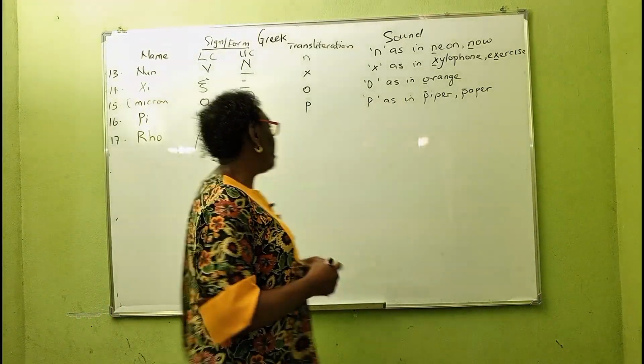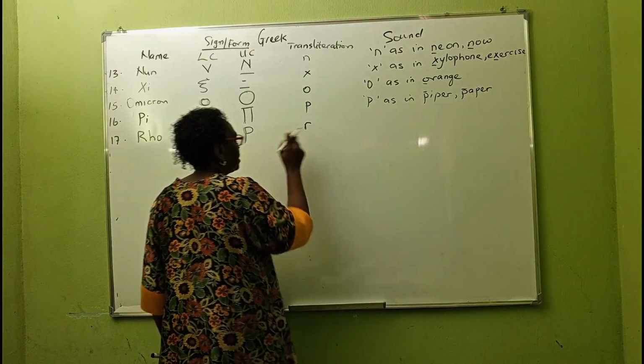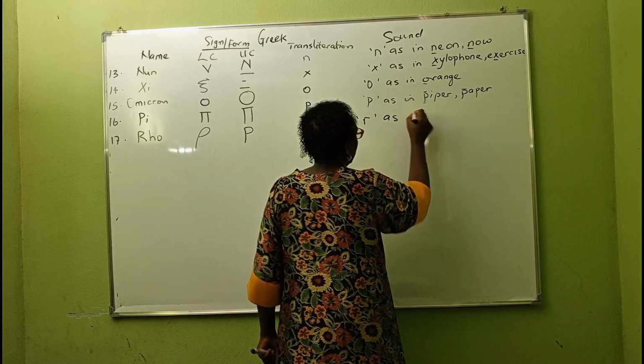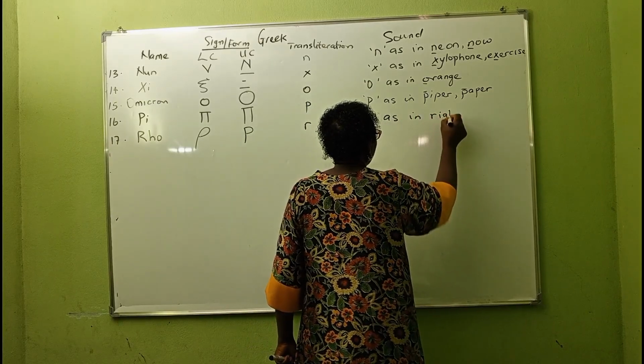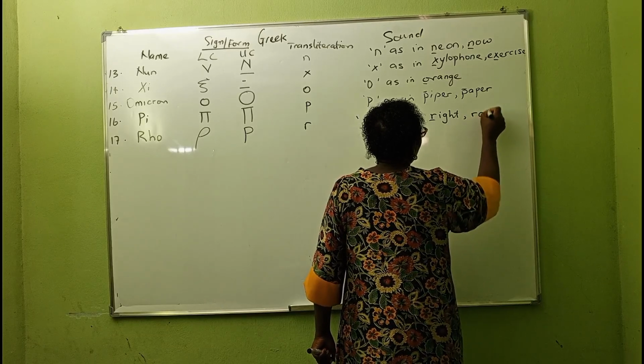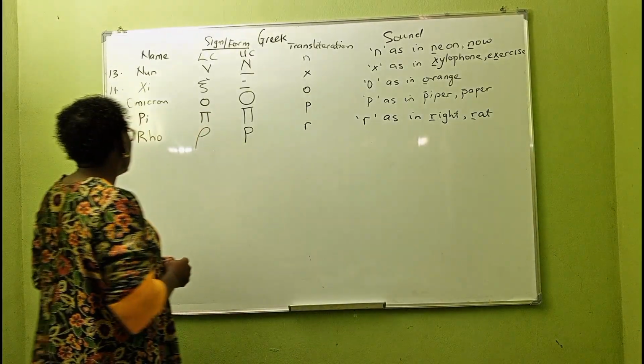In terms of transliteration, it is R. So you say R as in right, for example, or you can say rat. It is the R sound.